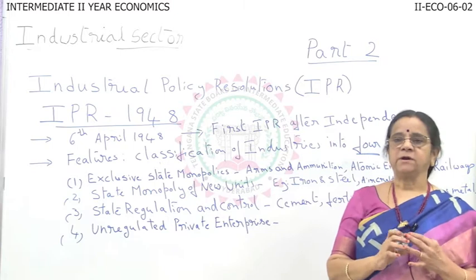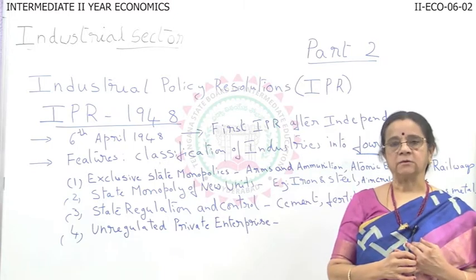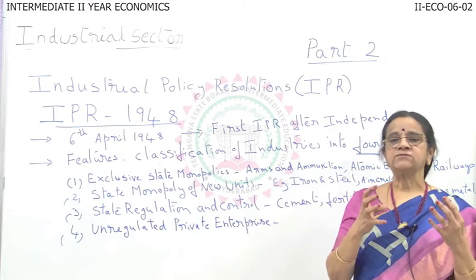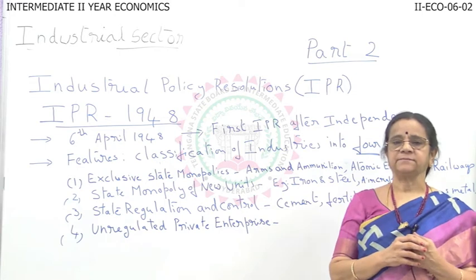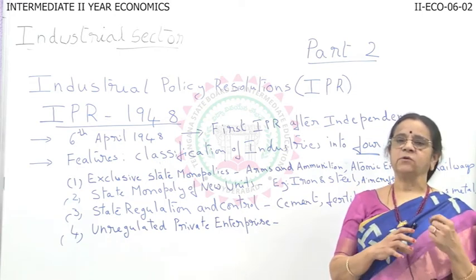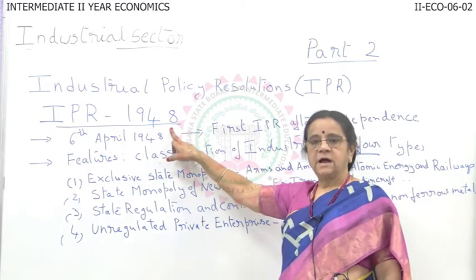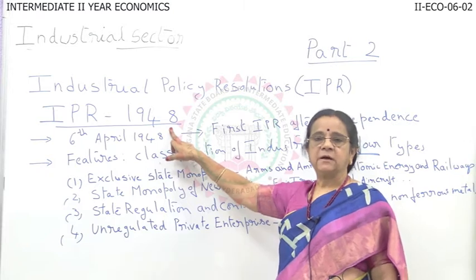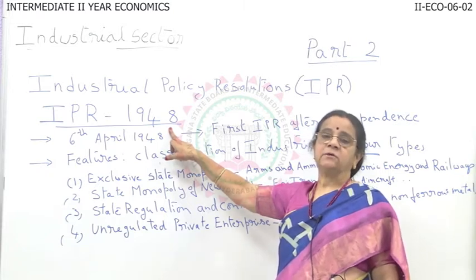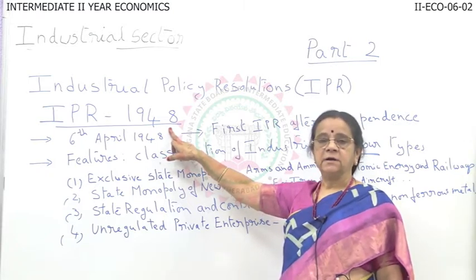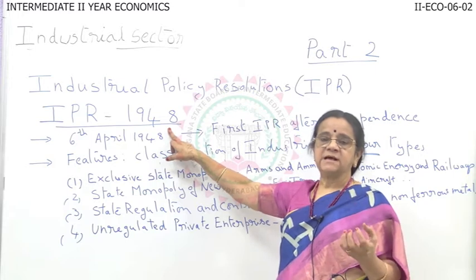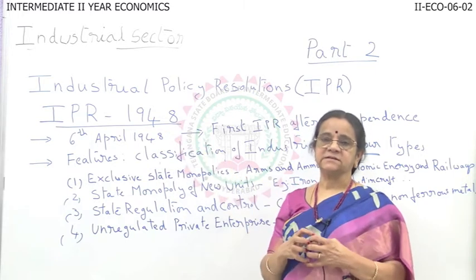IPR 1948 had to be announced as soon as we got independence. So when did we get independence? 1947. So within 1 year, in the year 1948 itself, IPR had to be announced to clear the doubt in the minds of the private enterprises and foreign investors.